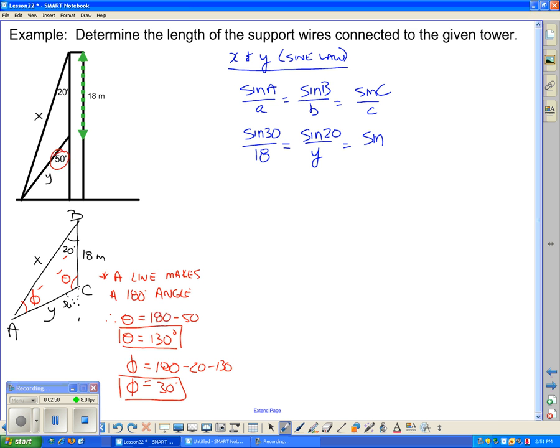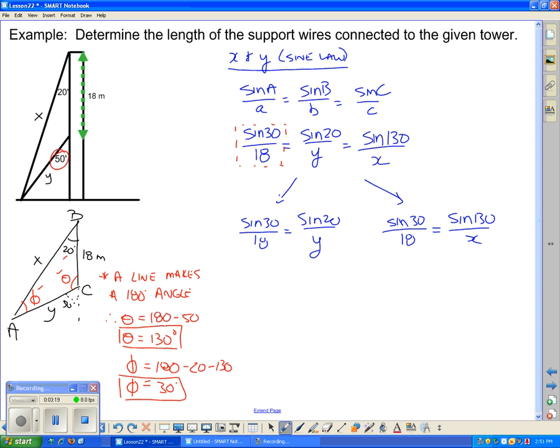Sine of C was 130, and X. This allows us to break into two fractions, and in each case, we are using our pivot value. So sine 30 over 18 equals sine 20 over y. So that's the 1. Sine 30 over 18 equals sine 130 over x.